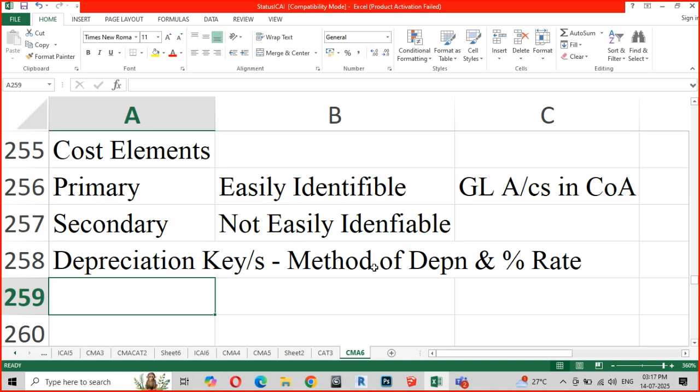So where is this information defined in SAP? Firstly, the method of depreciation and the valid percentage of depreciation is the most important information that the depreciation key has.